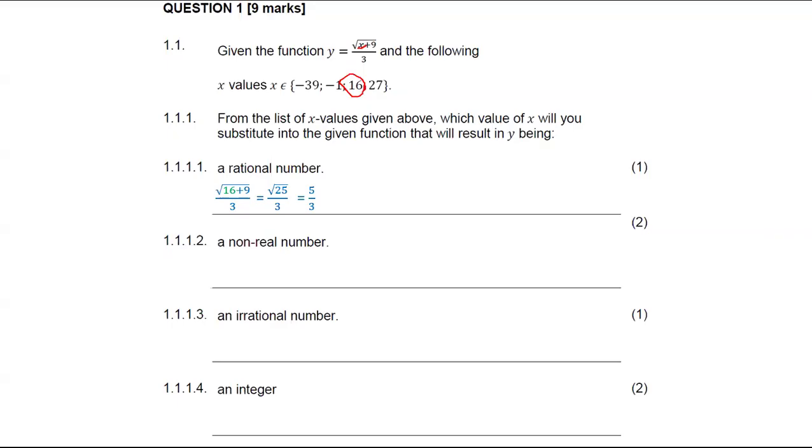For non-real, I found that when I tested negative 39, I'm going to go back to the original function, and where there is x, I will substitute negative 39.